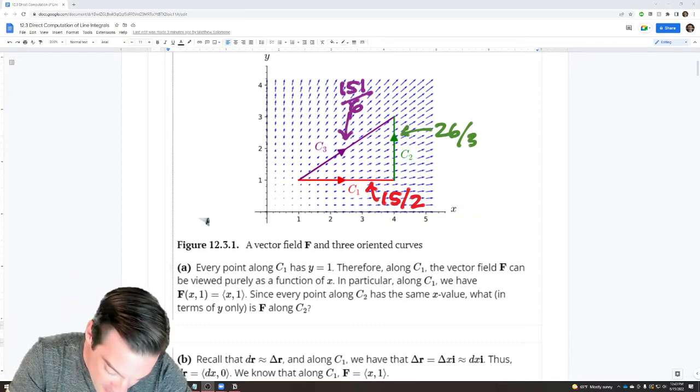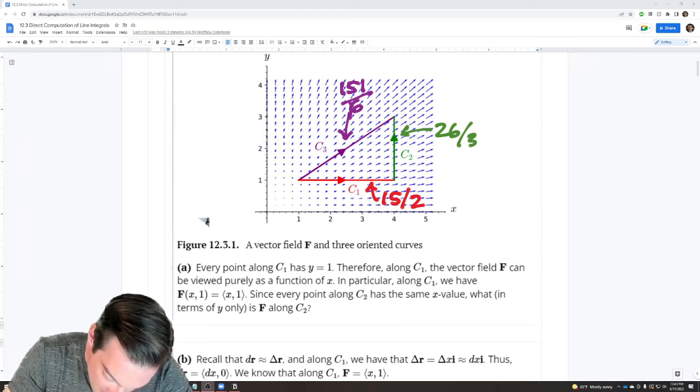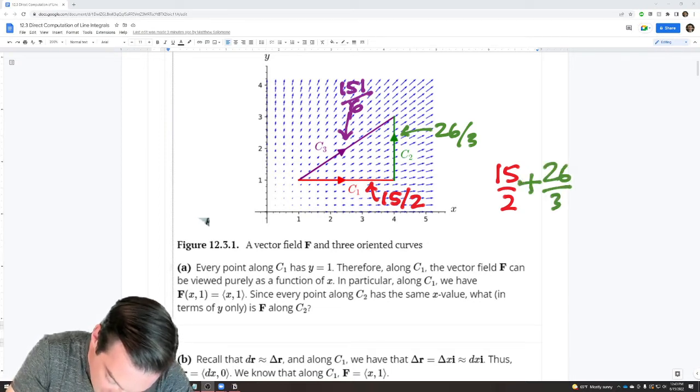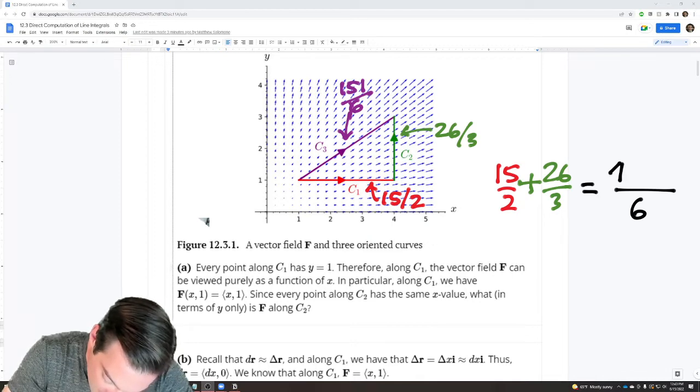So let's investigate that. Is it true that if I add 15/2 and 26/3, well, let's see what we get. So common denominator of 6. And so 15 times 3, what's that, 45. 26 times 2, that's 52.